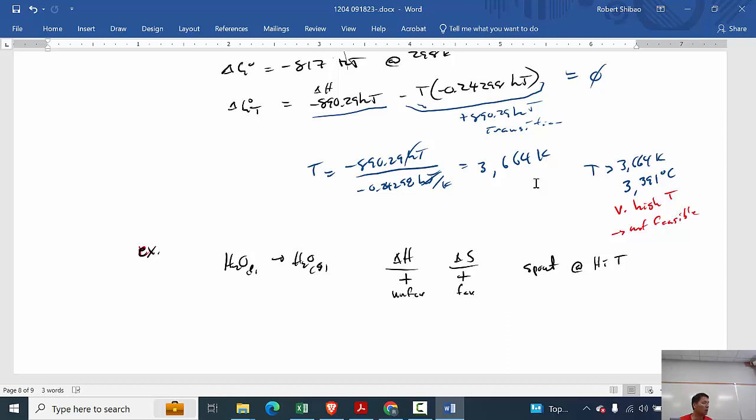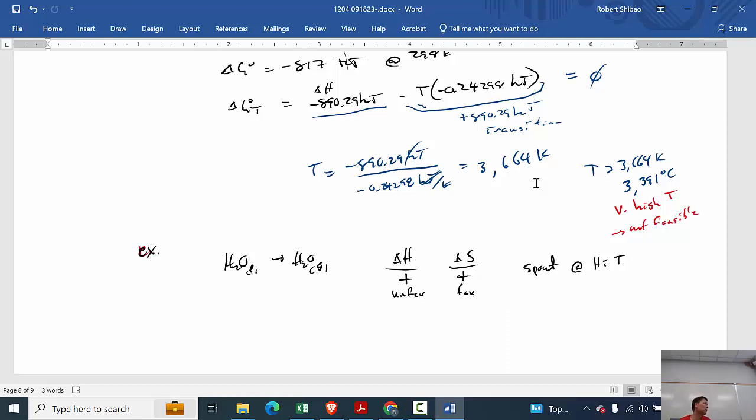Entropy of the universe is always increasing. If the entropy stopped increasing, then nothing would happen. We'd be done. So we don't say delta S of the system is equal to negative delta S of the surroundings. That doesn't quite apply here.